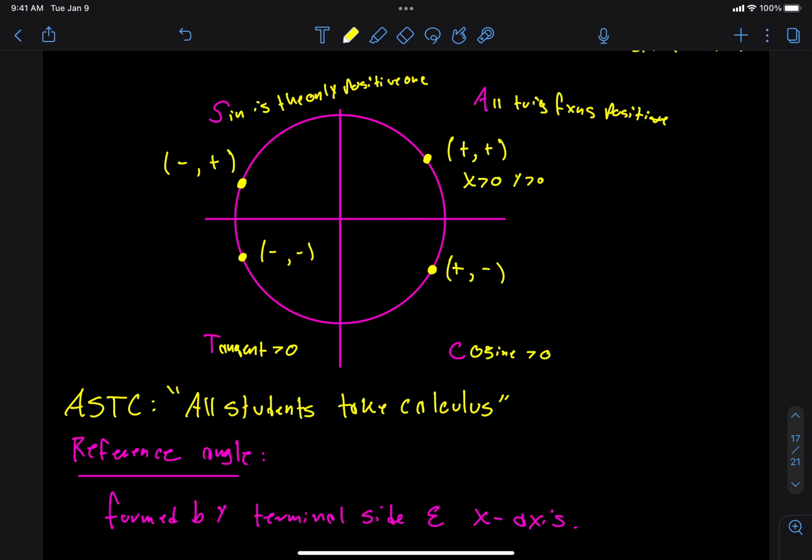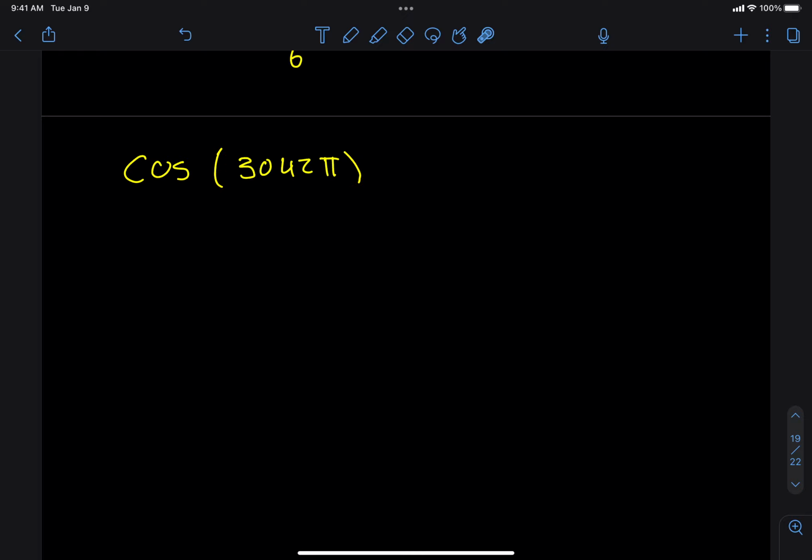What would I do if I wanted to do cosine of 3042 pi? Well, am I going to subtract by 2 pi, and then by 2 pi, and then by 2 pi, like 1,500 times? No. I'm going to see, well, this is a multiple of 2, right? And how does this go?